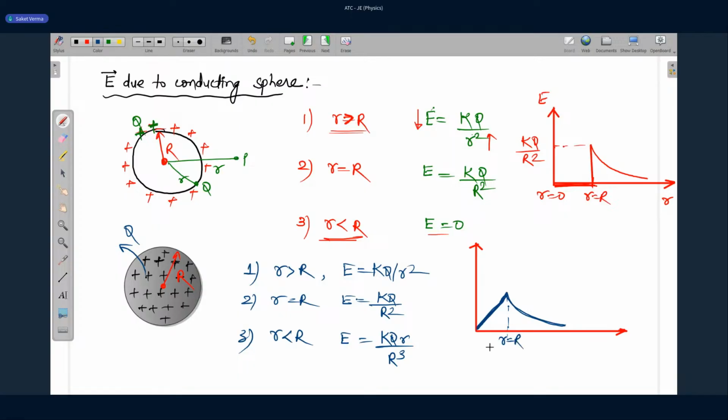So it is the same, but the difference is that here in the beginning the field is not 0, it follows a straight line, because E is directly proportional to r when r is less than capital R. Okay, so these are the conducting and non-conducting spheres. This is the electric field due to a non-conducting sphere.